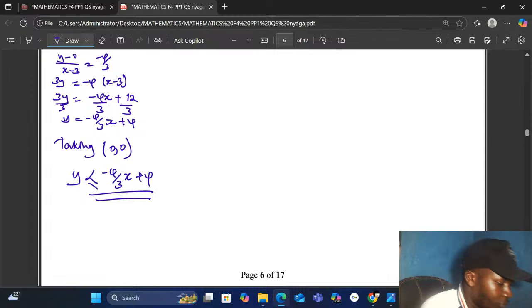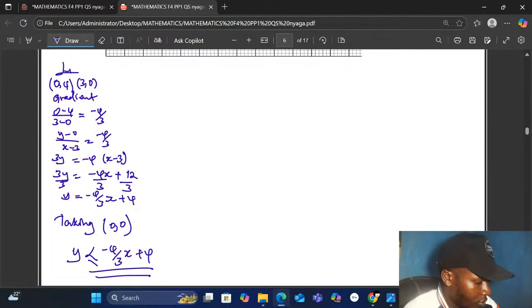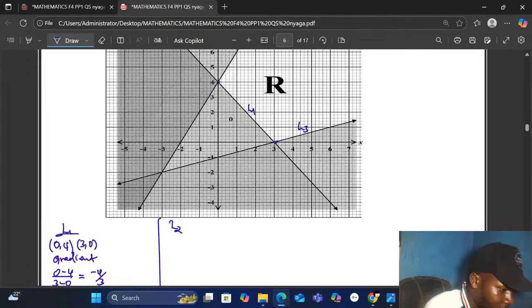Then we move to the equation of line L2. We also look for 2 points. Line L2, this is where it is.